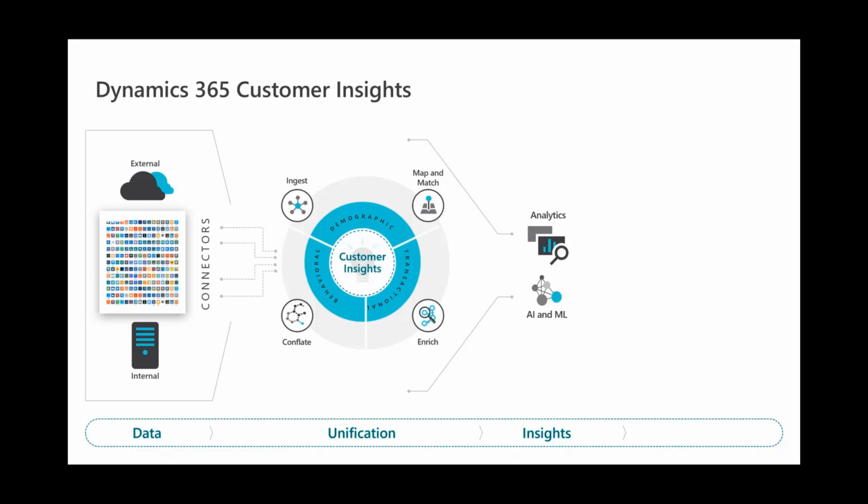What is the lifetime spend or engagement that this customer is going to have with my business? All these are machine learning models. These models are available today for a customer insights user to go in and run against your data that has been cleansed and unified in the previous stage, and you derive those insights. I'll give you some examples after this.